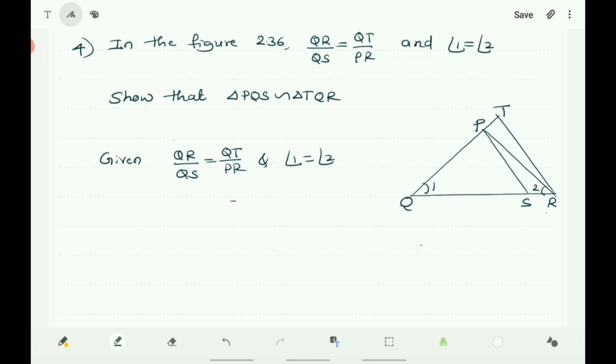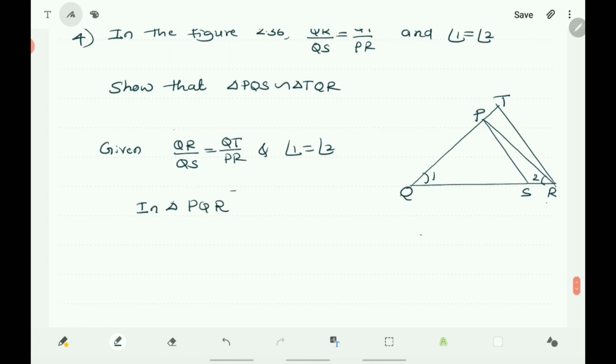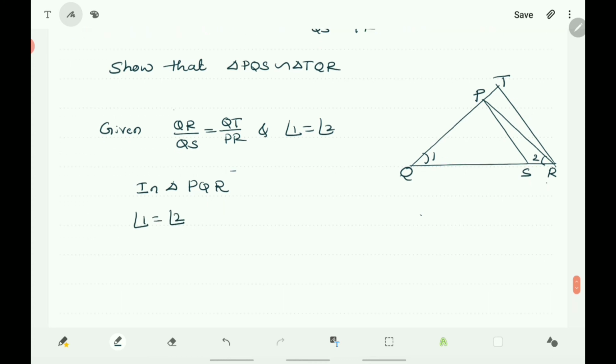So you take the triangle PRQ. In triangle PQR, angle 1 is equal to angle 2. What is given here? Given angle 1 is equal to angle 2.